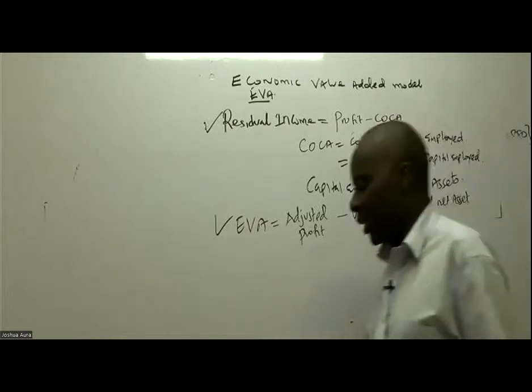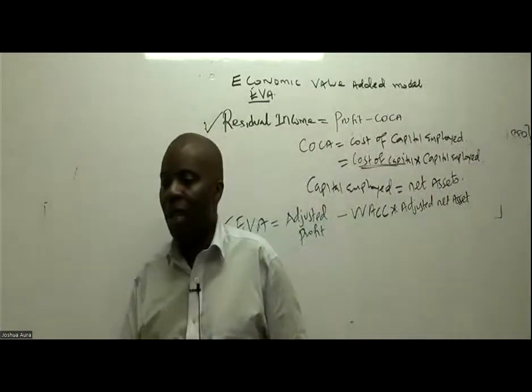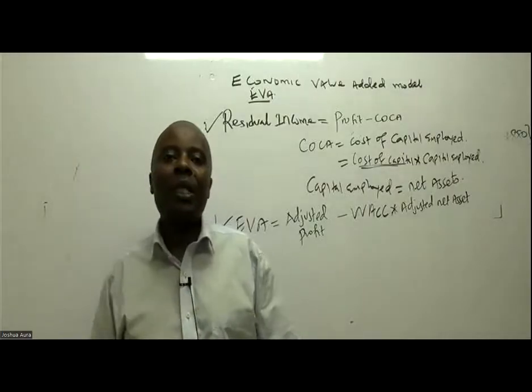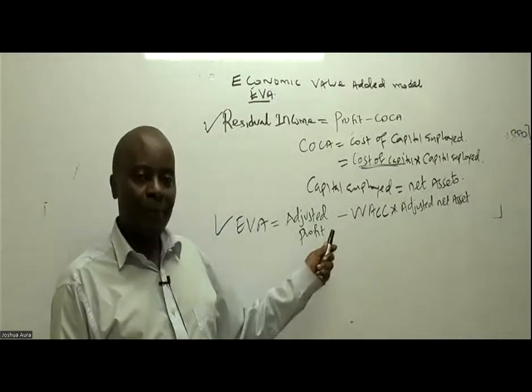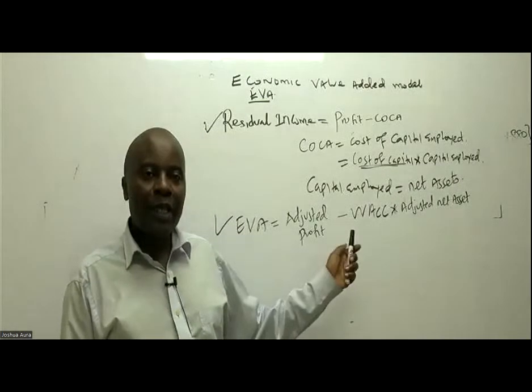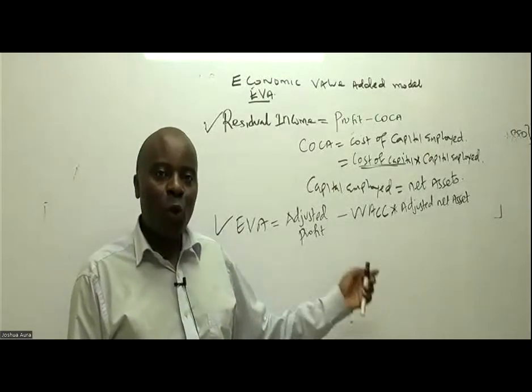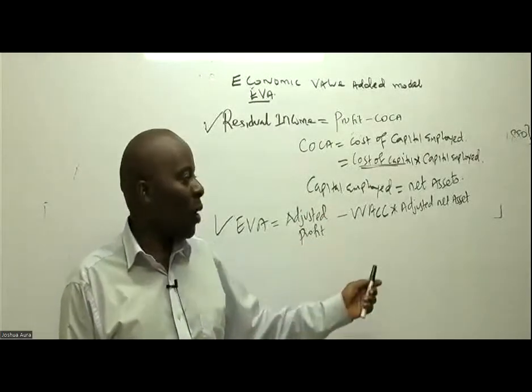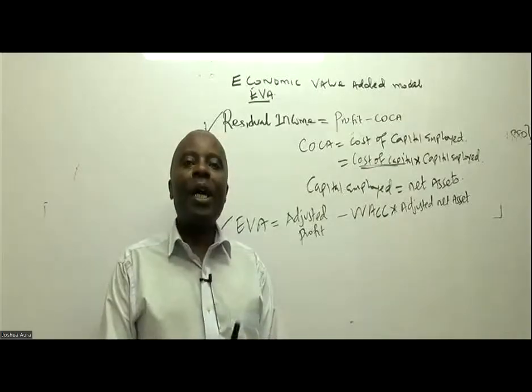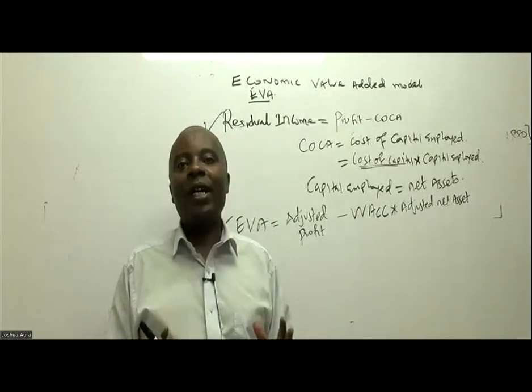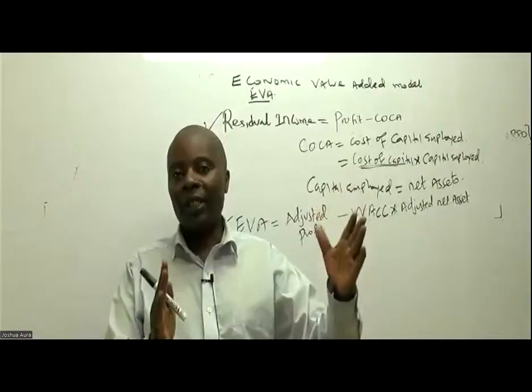Now, my good students, please listen to me very well. What kind of adjustments do we make to our profits? What kind of adjustments do we make to our capital employed? Remember, number one, that EVA is a futuristic model.